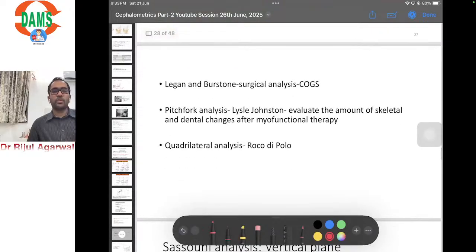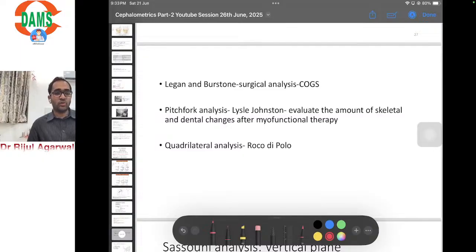Okay, next there are 3-4 analyses. You don't need to discuss them all in detail. I'm just going to mention their names. Next is the Ricketts and Burstone analysis. It's a surgical analysis used for orthognathic surgery. COG stands for cephalometry for orthognathic surgery. Second is the pitchfork analysis. It was given by Lyle B. Johnston.